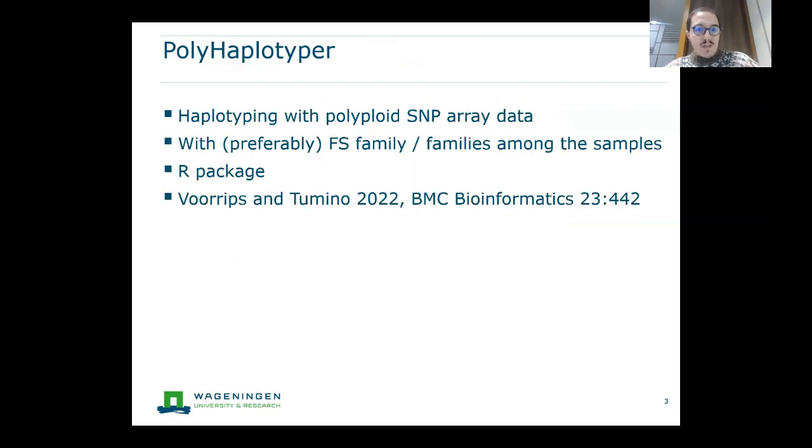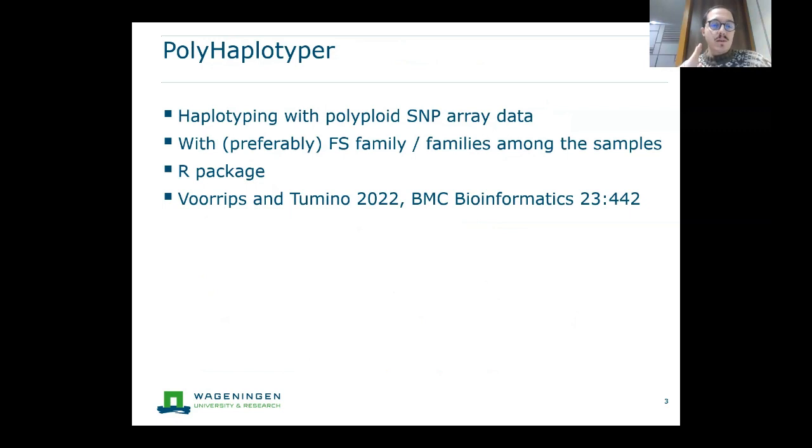So the core idea of Polyhaplotyper, or the novelty that it has compared to other software, is that it uses the full sib family structure to improve the imputation. Most phasing algorithms simply use either read information or other types of information to find the phasing, but Polyhaplotyper uses the pedigree information.